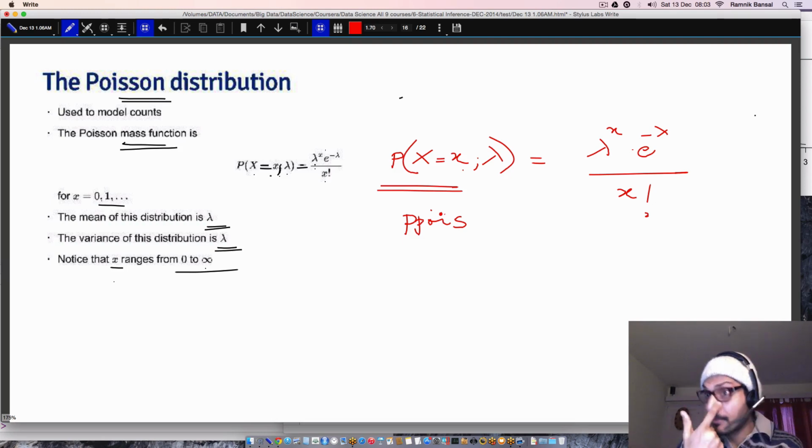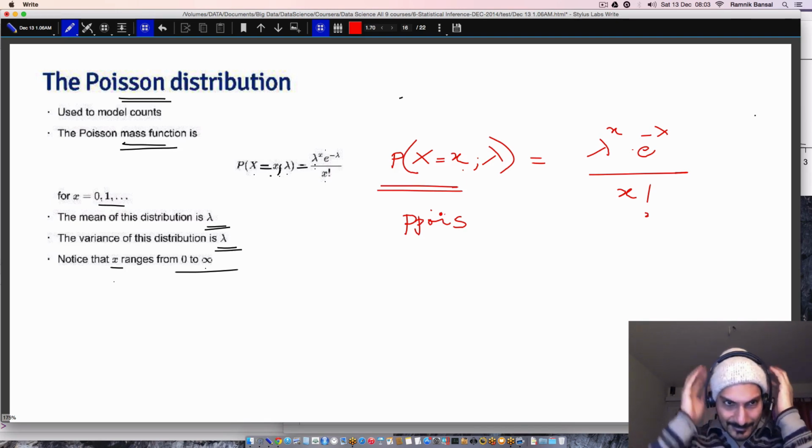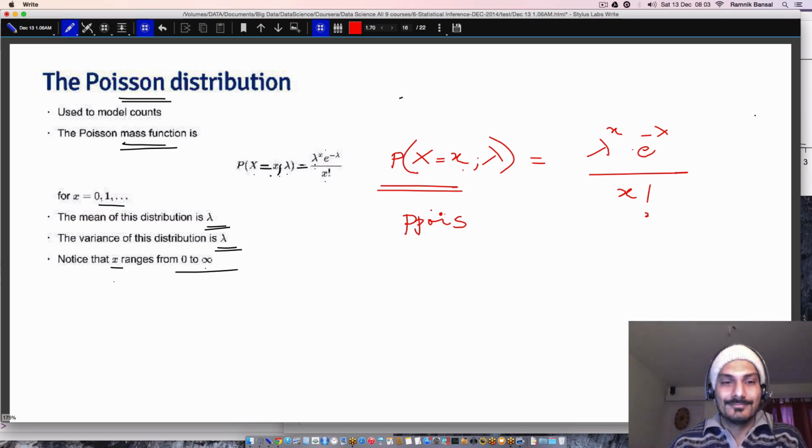What is p pois giving me? You can use the help to understand it, it's fine. Are you clear with my question? Is p pois the same as this? Is p pois giving me X is equal to x for a value of lambda, or is it giving me something else?